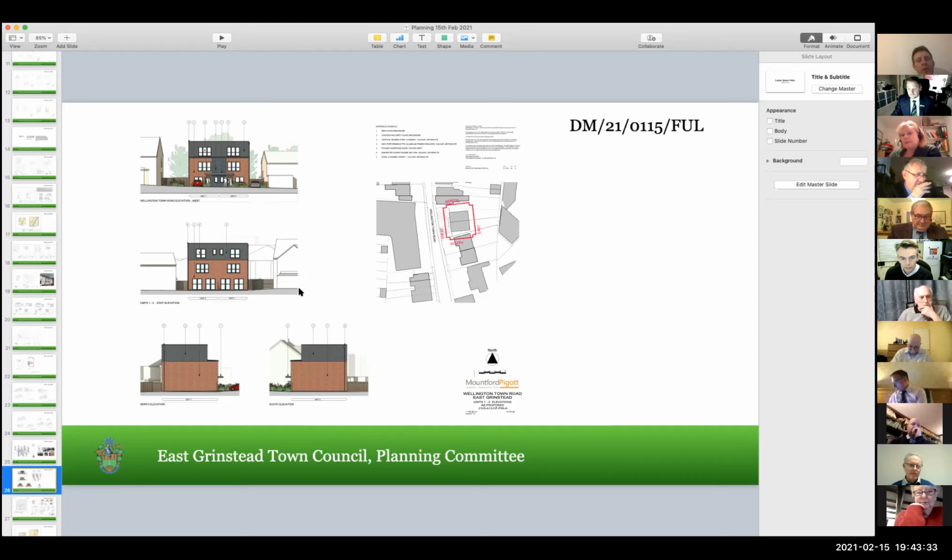We do have EG3 and DP26, which are the district plan and the East Grinstead neighbourhood plan that allow us to comment on design, and we should be using that. I understand we were challenged by the district recently on those, but I think we're bowing down a little bit to pressure from the district, and we should be stronger, as you say, Chair, to protect our town from design.